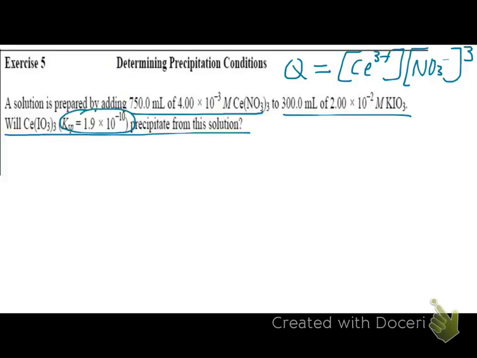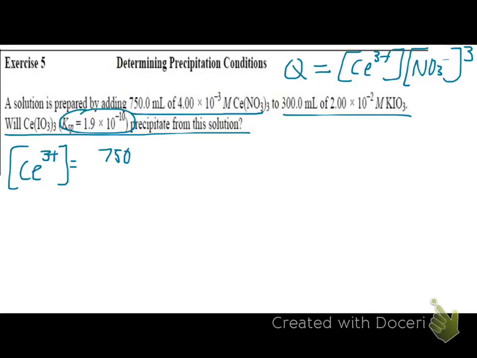Okay, so the first thing we need to do is figure out what our concentration of cerium is, because we've got 2 sources of it. So we're going to figure out our concentration of that. The first one is we have 0.75. And honestly, in this case, you can leave it in milliliters to make your life easier, because we're going to have milliliters on the bottom to cancel that out.